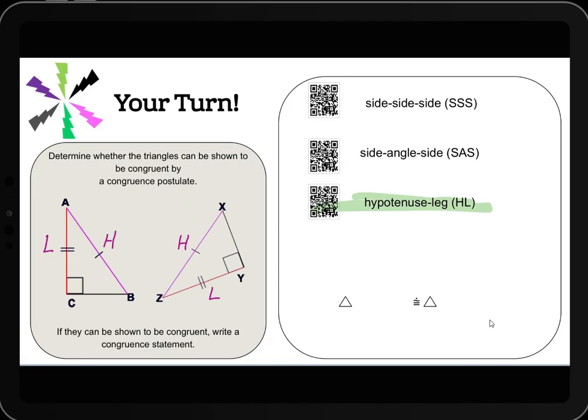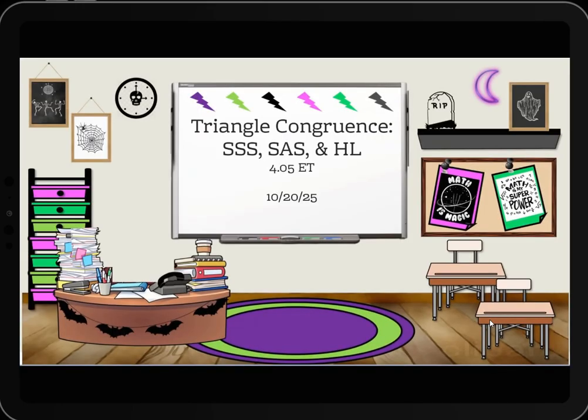So that particular theorem technically, but you can call it a postulate if you want, works. And so now we can go ahead and say that triangle ABC is congruent to ZXY. And that is going to represent lesson 4.05 for our exit ticket for today.